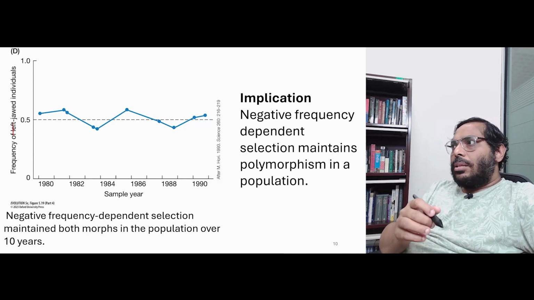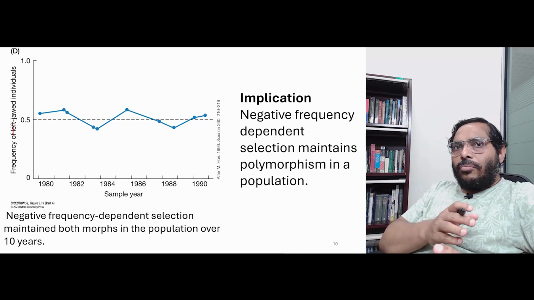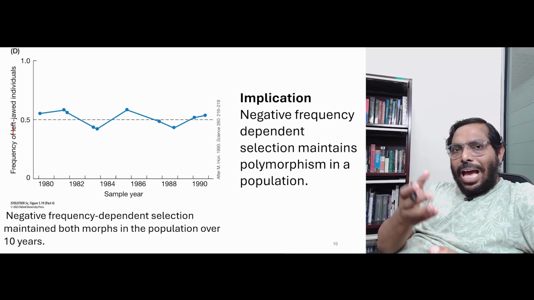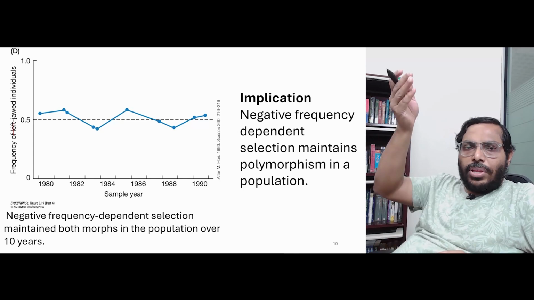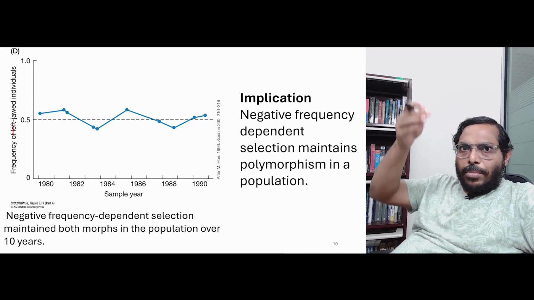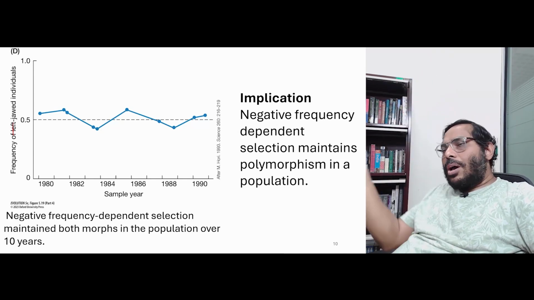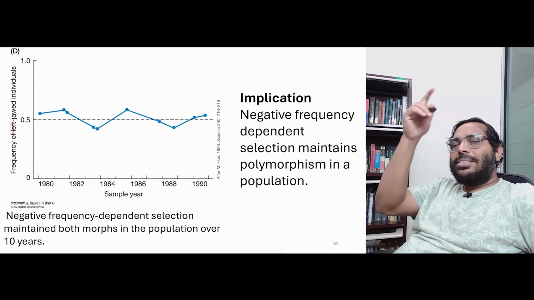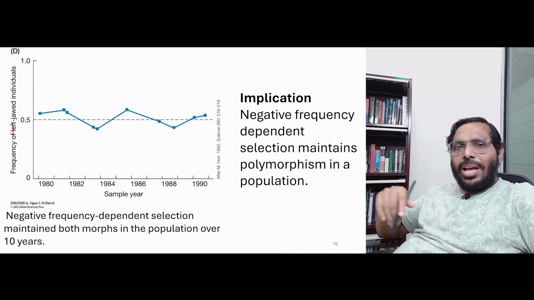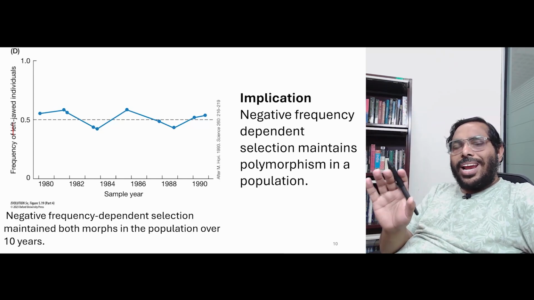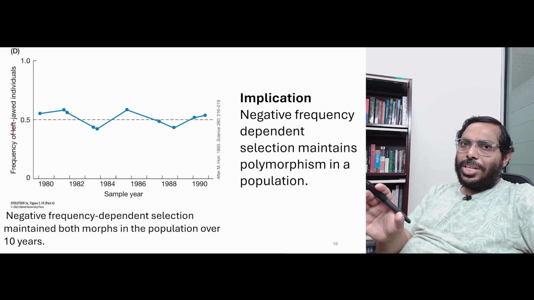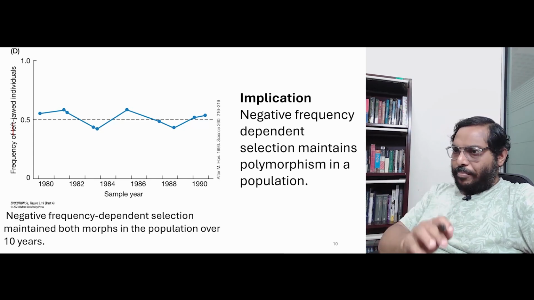That is because each time the fitness of a genotype becomes high, the number of that genotype goes up, the frequency goes up, the fitness comes down, now the other guy's fitness is high, and this keeps on repeating itself, and therefore, you actually end up getting a polymorphism in the population in terms of the various traits.